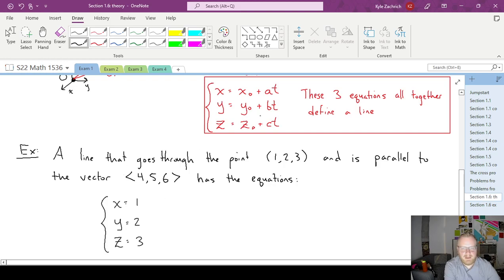And my vector that tells my direction of that line is a, b, c. So I put those numbers there.